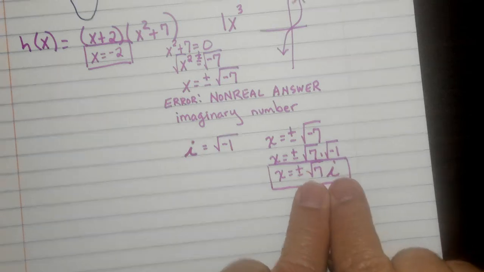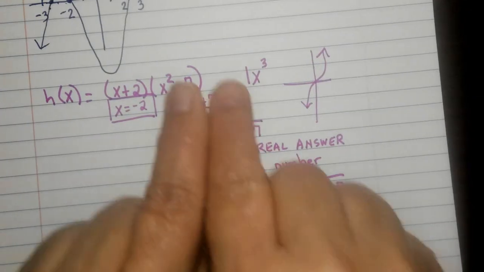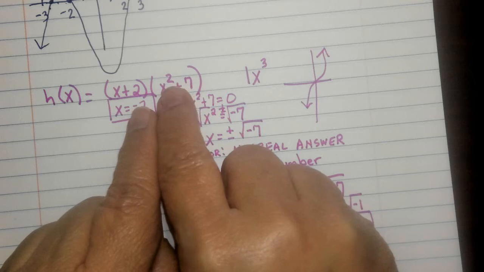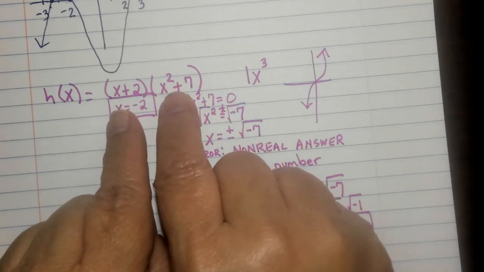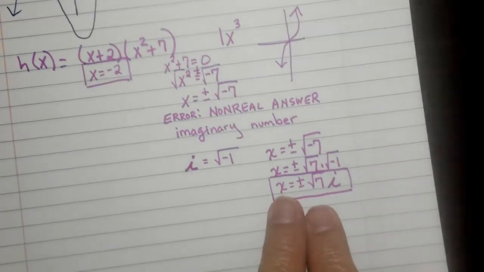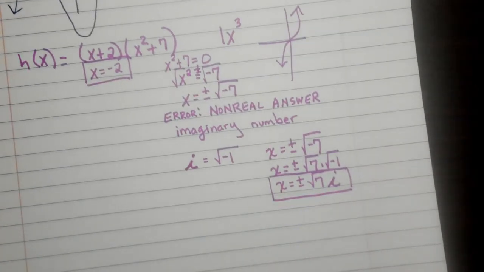In other words, if I take this number and I plug it in here and I square this and multiply this, it will come out to 0. So they're a 0, but they're not going to show up on the graph as an x-intercept because they're not real numbers. So that's a significant departure from everything we've been studying so far. Does that make sense?